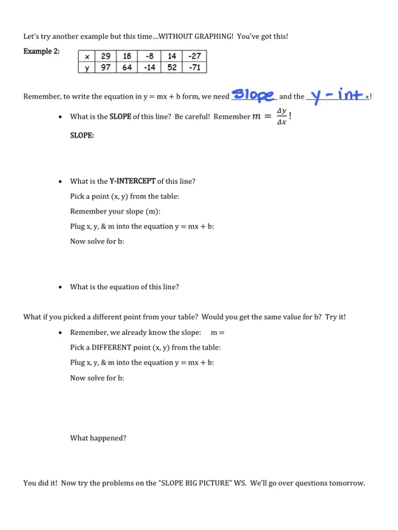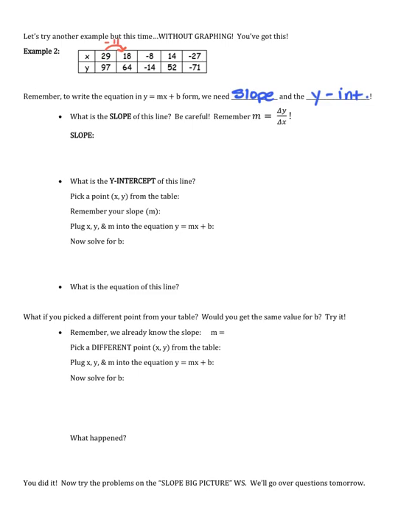I'm going to first analyze within the table, and then we'll write it in our slope fraction. And I'm just going to use the first 2 points here, okay? If I take a look at the jump in the x values here from 29 to 18, that's a jump of -11. I went down 11 points to get from 29 to 18.